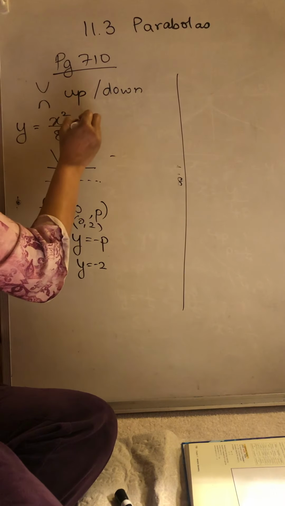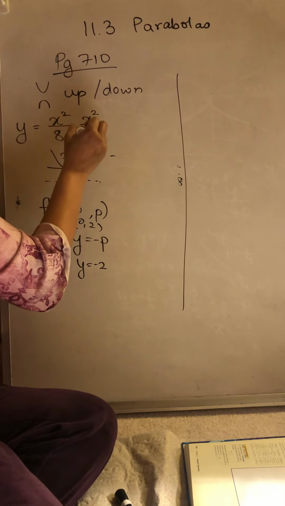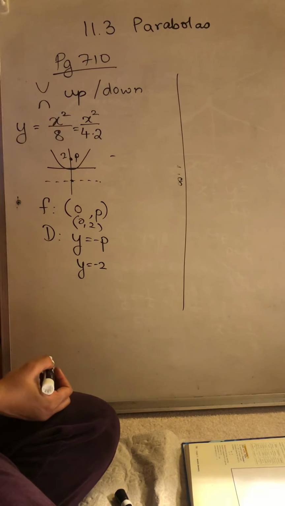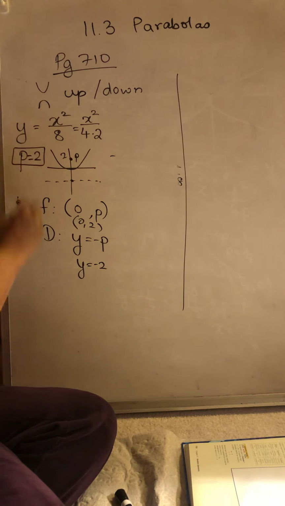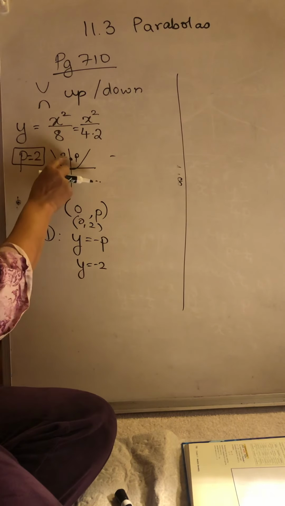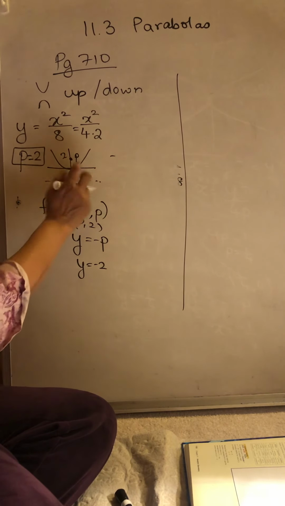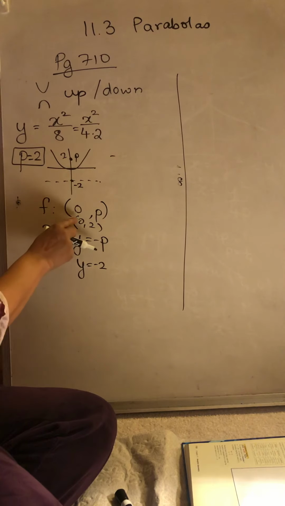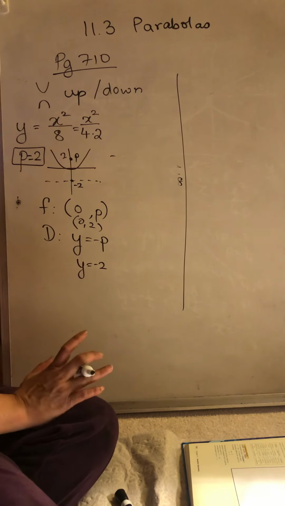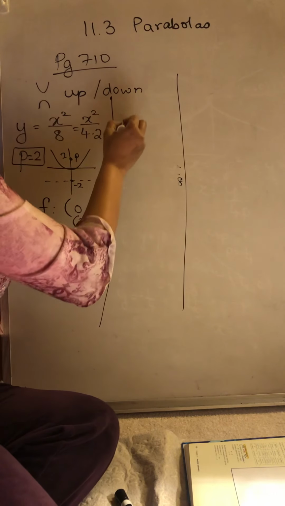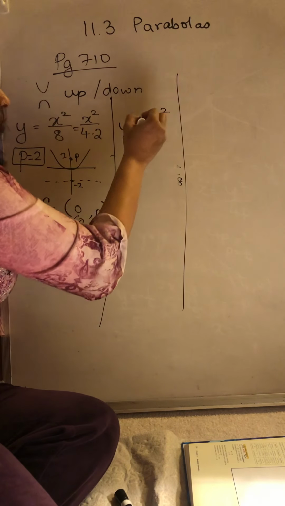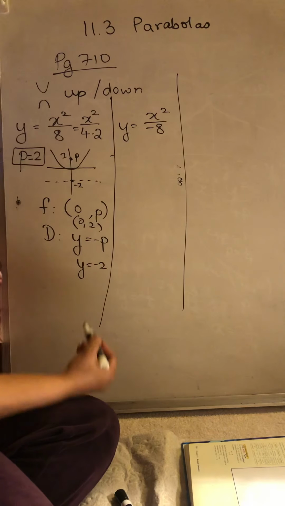The equation should be x square over 4 times what? It is 2, which means my p is 2. So if p is 2, it means 2 is here and this is negative 2. So this is 0, 2, y equals negative 2. Or my equation can be y equals x square over negative 8.